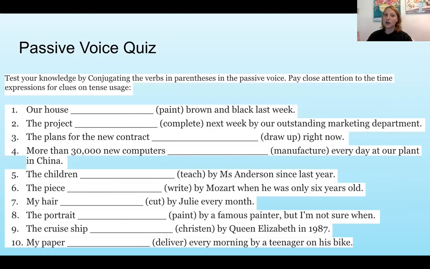And this is what our last thing is going to be for today. We are going to do a passive voice quiz, and we're going to go over all of these answers for our next class on Friday at 1:30 on Zoom.